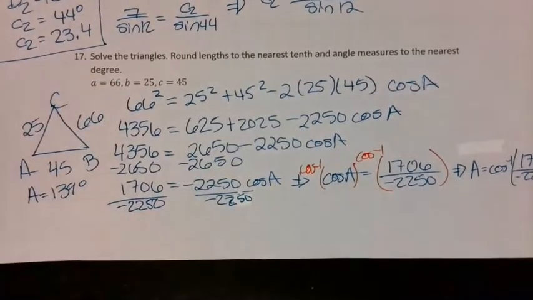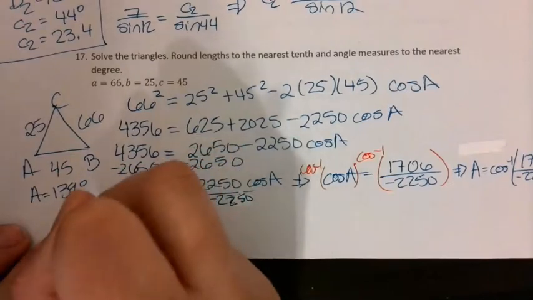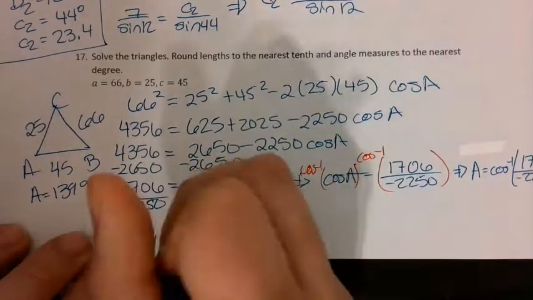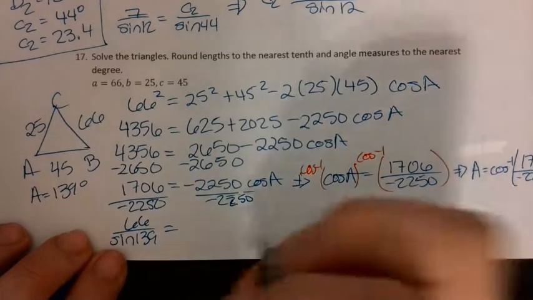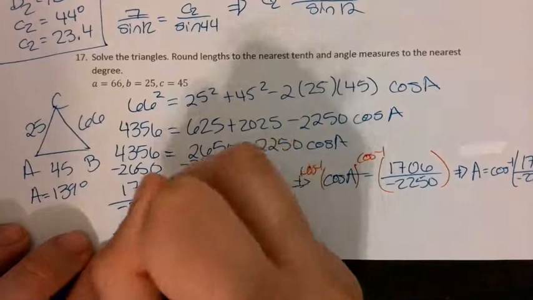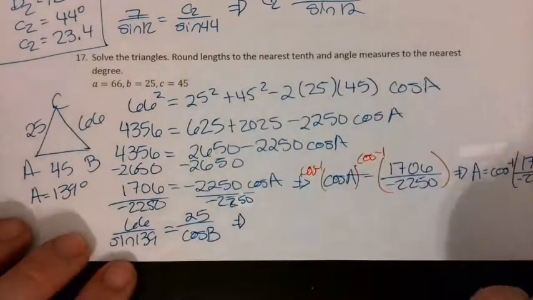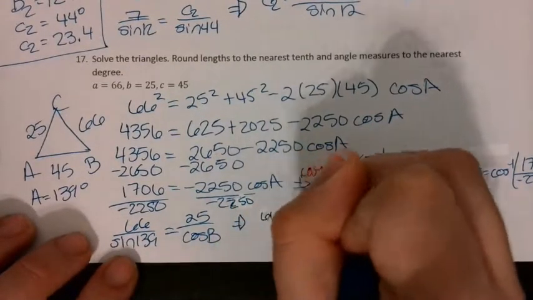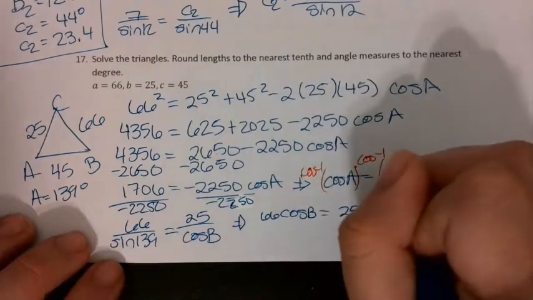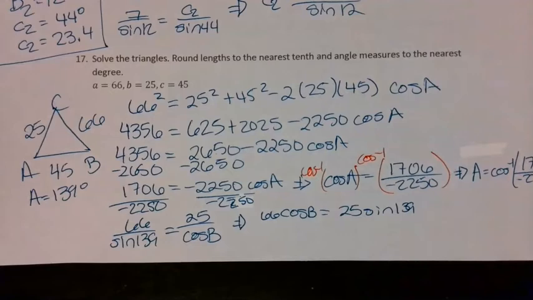Okay, now that I have an angle, I can use the law of sines. So I have 66 over sine of 139 equals, we'll do B, 25 over sine B. I cross multiply to get sine out of a fraction. Okay, I have that.